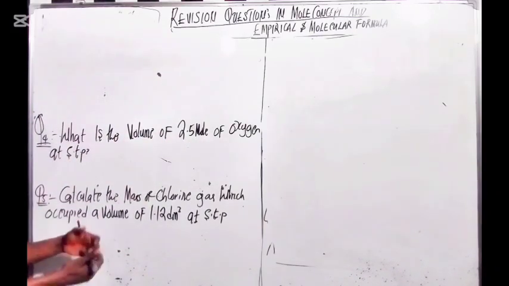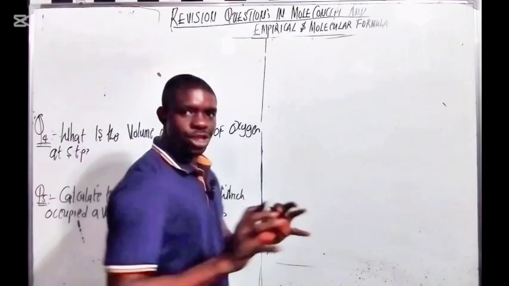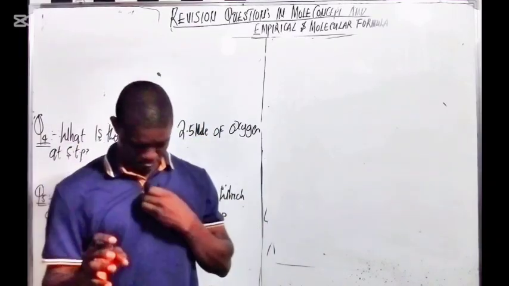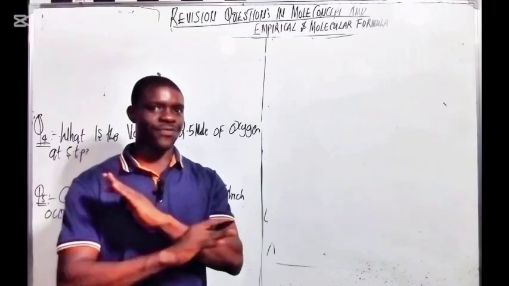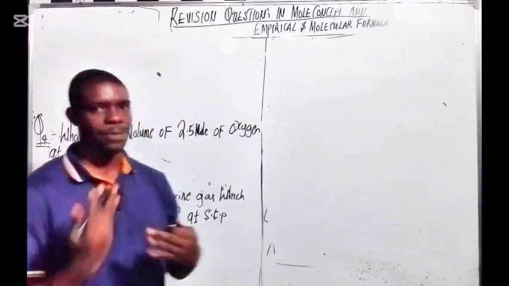So what is the volume of 2.5 mole of oxygen at STP? Remember, we are still using the formula I gave to you. The formula is universal, if I need to solve any problem at all.